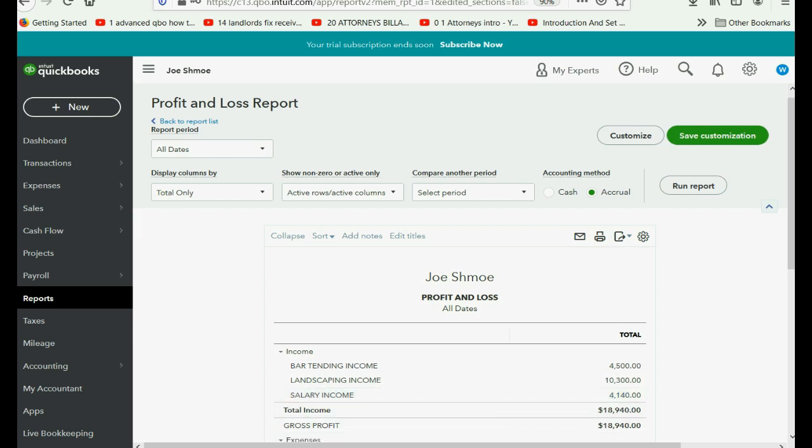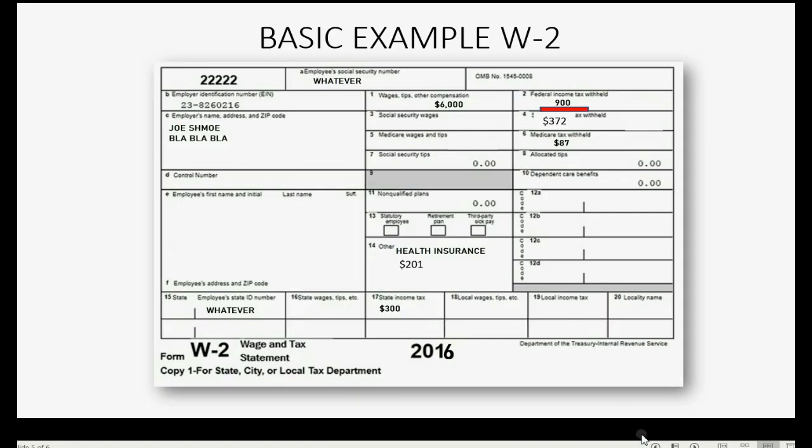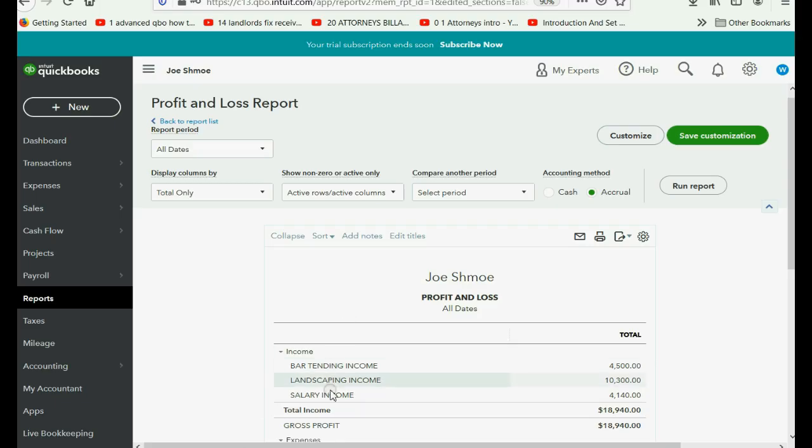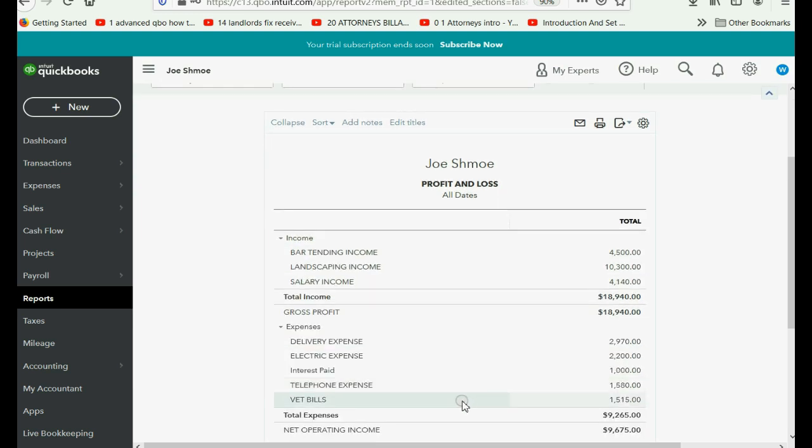So now we have to record from the W-2 because we did not record any of the withheld taxes during the year. And you notice that the net pay is not the accurate amount that we actually earned. It's actually the gross pay. So this journal entry will bring the salary income up to the gross pay where it belongs, and it will finally include the expenses for everything withheld in the W-2.